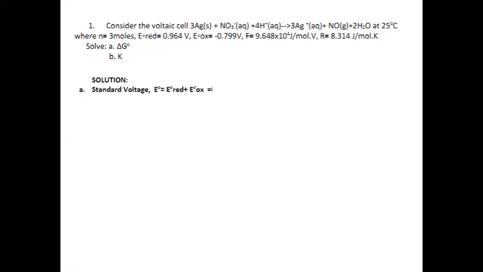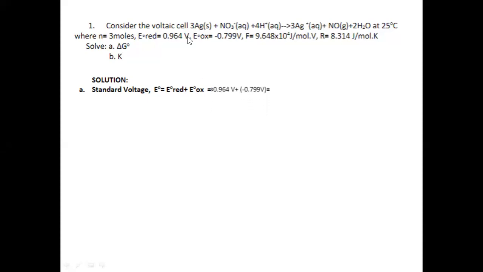For the standard voltage, we need to first determine this quantity so that we can solve for delta G naught, since we are not given the standard voltage. So the standard voltage is equal to the sum of the voltage at the reduction cell plus the voltage at the oxidation cell.